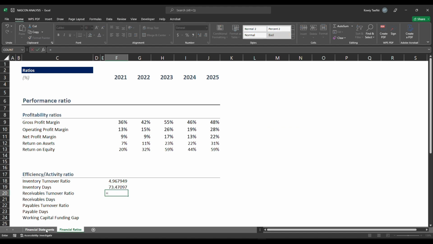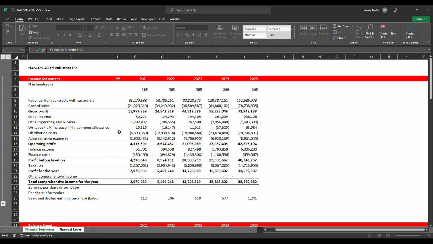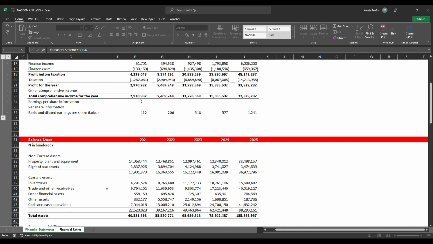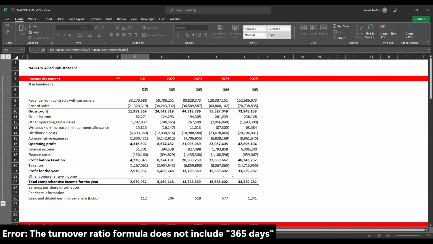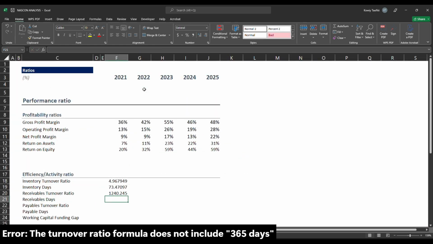So we have equals your sales, which is the same thing as the revenue for this particular year, 2021, divided by your accounts receivable. Go down to our balance sheet to actually check what our accounts receivable is, which is trade and other receivables. Take this. I forgot to put this in a bracket because of the Excel function. Then shift 8, multiplied by the number of days that we have, 365.